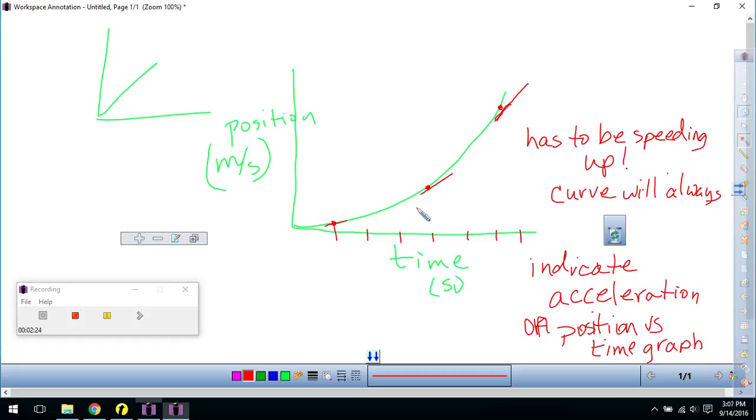Because it's getting steeper and steeper, that means the instantaneous speed is getting higher and higher, and all you're going to do is take the slope of that line and draw a line as best you can tangent to that point of interest.